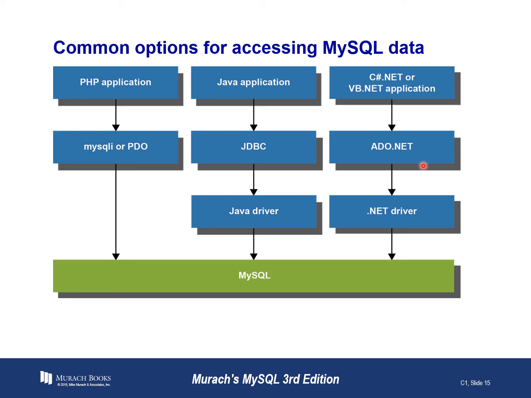A variety of different languages have their different APIs. In Python, you may use the Python MySQL connector. Each language has its own API. API just stands for Application Programming Interface, which allows an application to interface with something else outside.